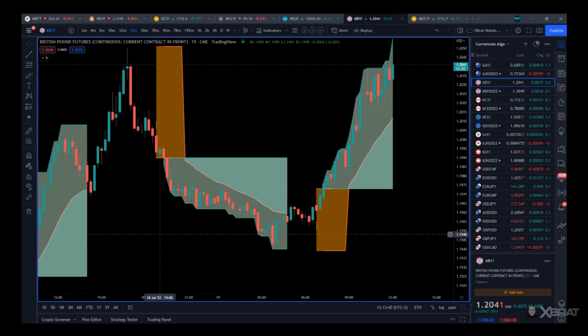So whether you're trading the Forex pairs or the futures, it's a very simple, very easy strategy to follow. You don't have to do the calculations. You don't have to have much on your chart.